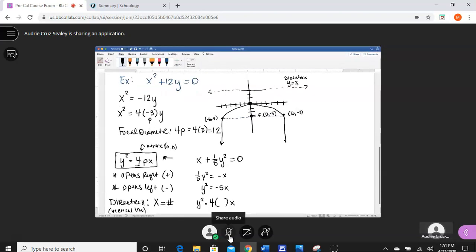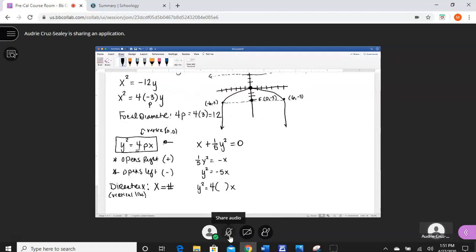Yes, and thank you, Alec. But it would be -5/4, but yes. So -5/4. So this and this are exactly the same thing. They're the same, except that I made it look to be standard form. 4 times -5/4 is -5. It's the same thing. But here you're able to see what your p is. Okay?